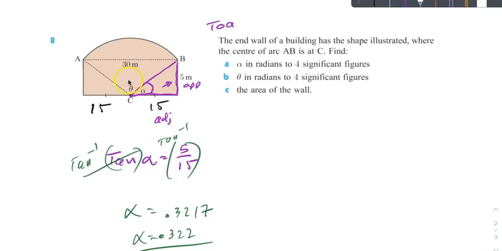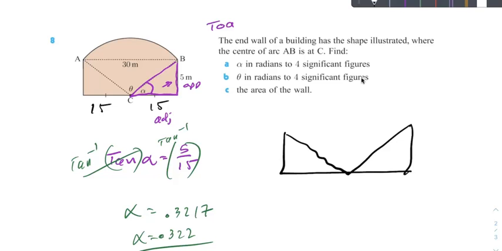B, find theta in radians to 4 significant figures. Okay, so how are we going to find that? Let's look at the bottom here. We know this is theta, and we know this is alpha. Now, they both have the same values.